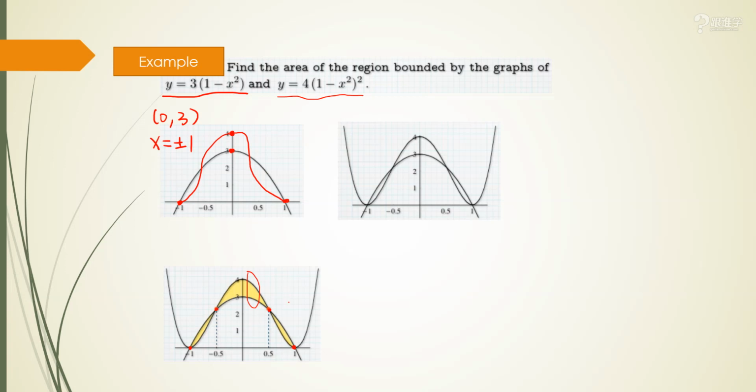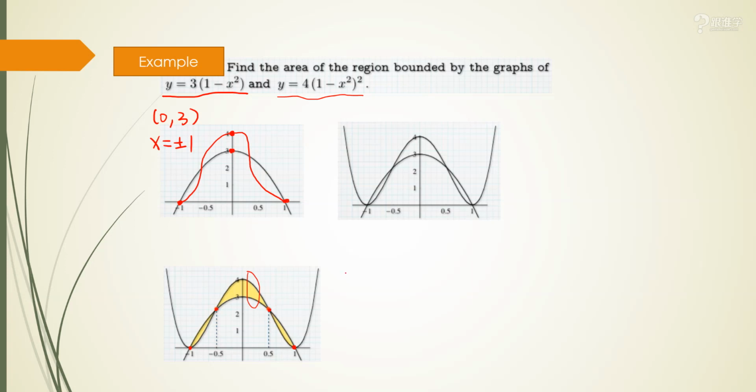I hope that in the future, whenever you find that you cannot express the area differential in a single expression, just don't hesitate. Try as quickly as possible to break the region into pieces and to do the calculation, because time is usually very precious in your exam. So when you find you have to do this, just try as quickly as possible.